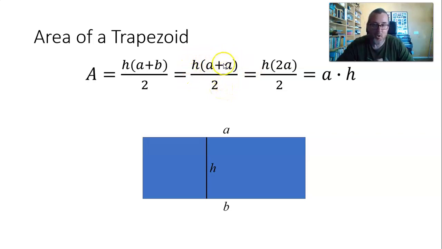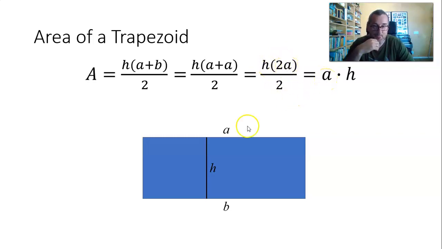Now, I hope some simple algebra here. If you have a plus a, what you have is 2a. So you have h times 2a divided by 2. And since 2 divided by 2 is 1, sometimes we say the 2's cancel, but I like to say 2 divided by 2 is 1. So we have h times 1 times a. We just have a times h.